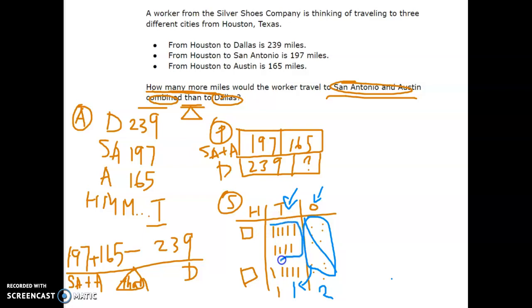We're going to group 10 of them because we can make a 100. 10 tens make 100. Now we will have 6 tens left. As for the 100s, we have 300. So 362 is San Antonio and Austin combined.